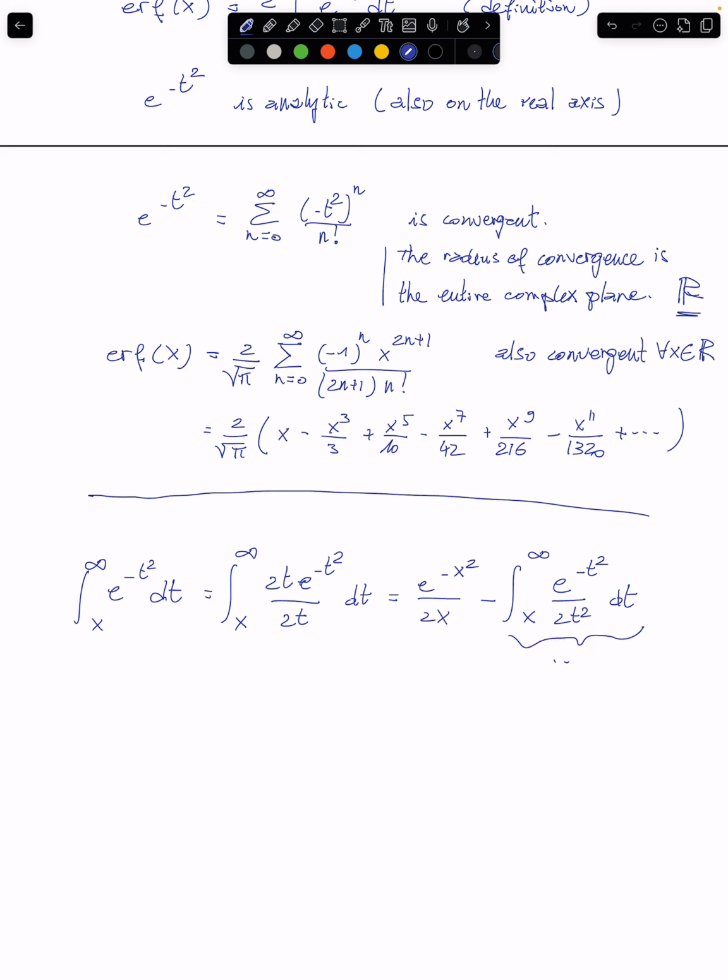This can also be expanded with integration by parts. And this integration by parts can be repeated indefinitely.